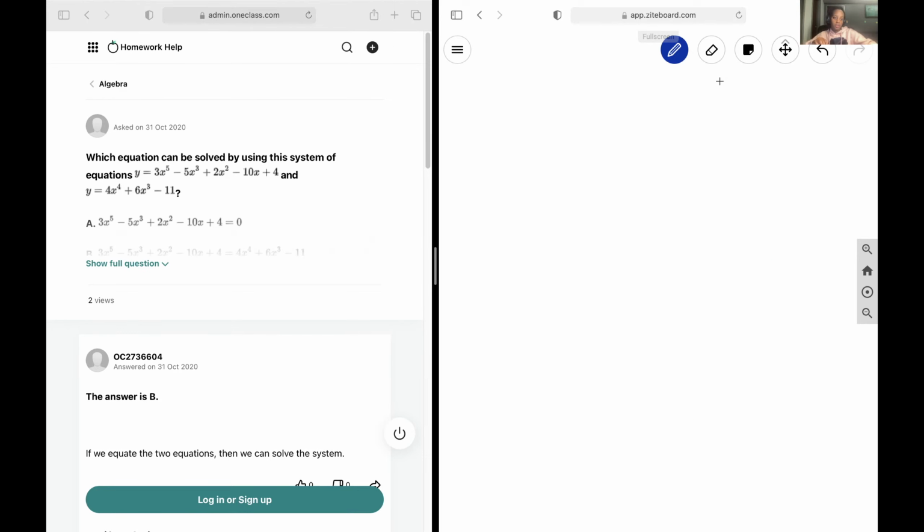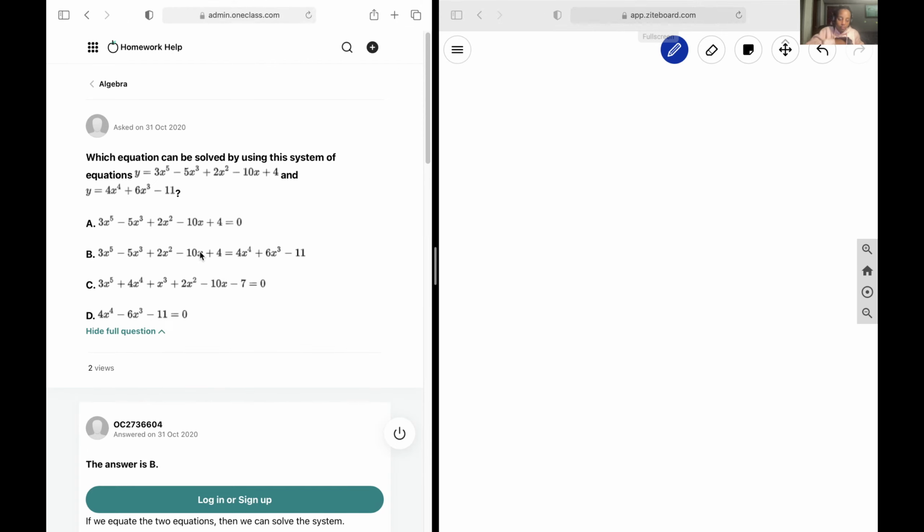Okay, next up, we'd like to find out which equation can be solved by using the system of equations given there. And those are all of our options. We know that if we have this system of equations, we'd write it down like this.